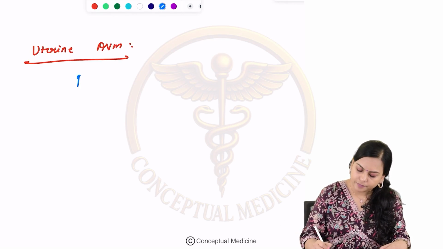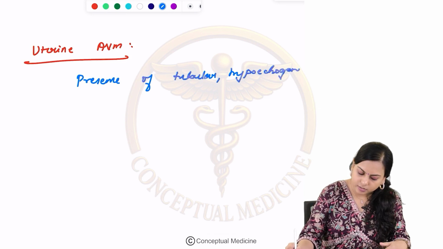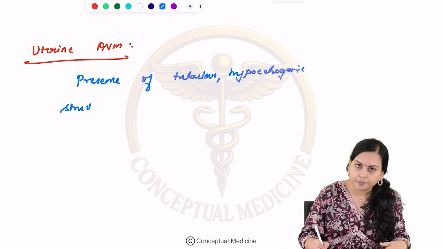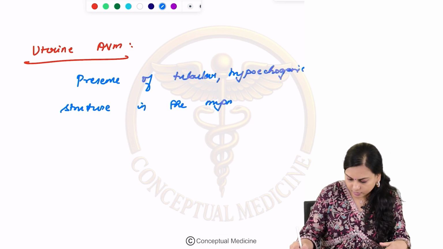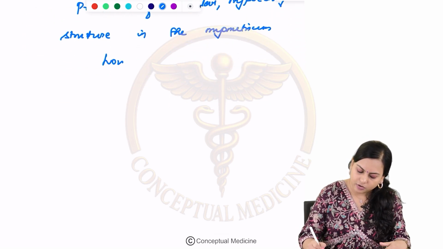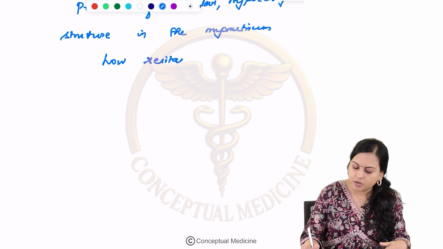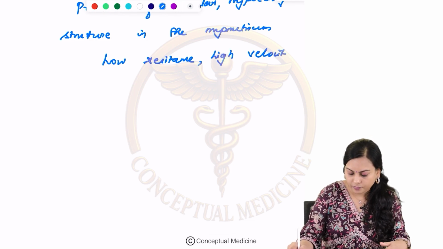And the next one is about the uterine arteriovenous malformations. You will be having the presence of a tubular hypoechogenic structure in the myometrium, right? And if you see, these are nothing but vessels that have low resistance but high velocity flow.